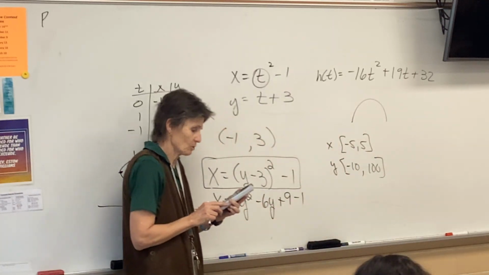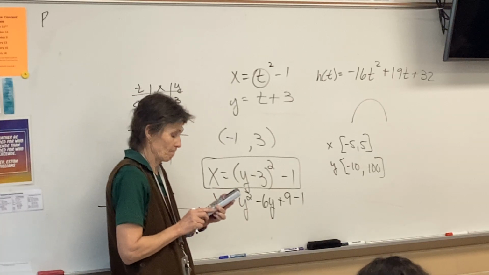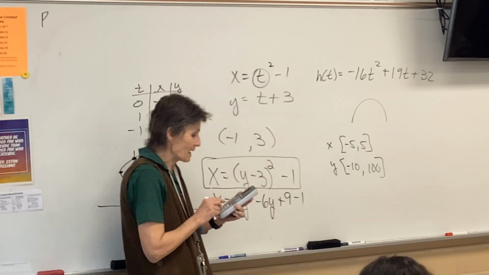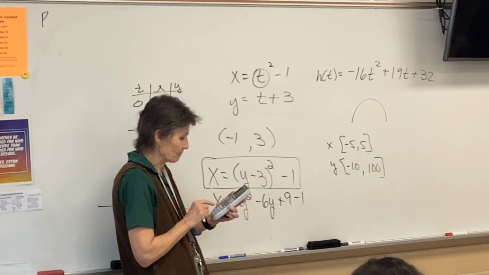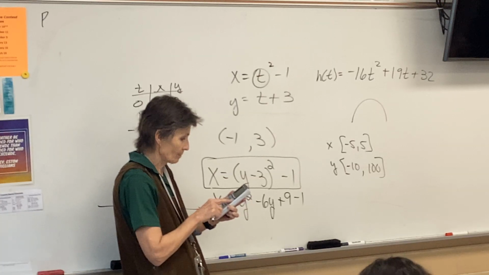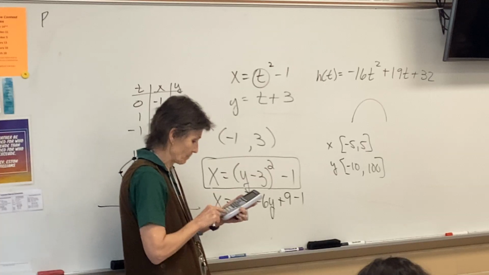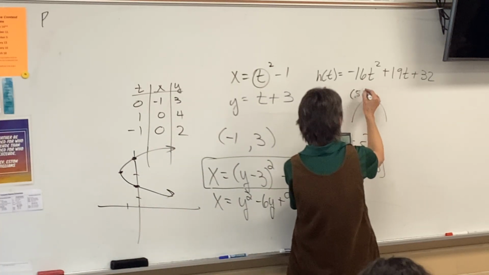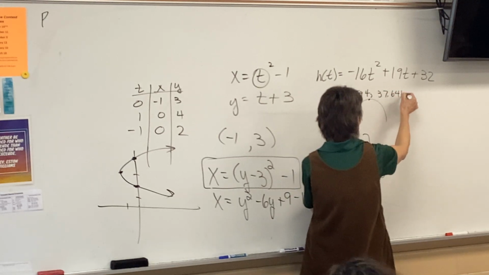A beautiful picture of a parabola opening down. I want to know its maximum height, so I will find the maximum. It looks like my maximum is the point 0.594, 37.641.